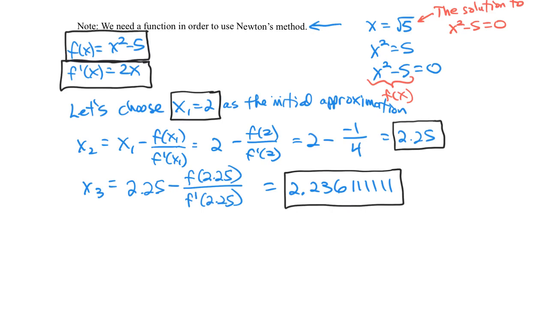It doesn't take very long before they stop. If you keep going, you'll get x approximately equal to 2.236067977. So this is just using Newton's method.